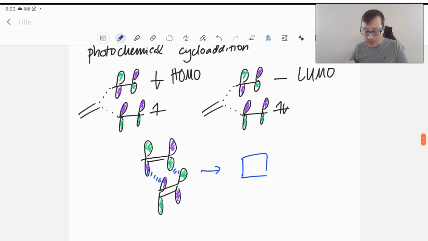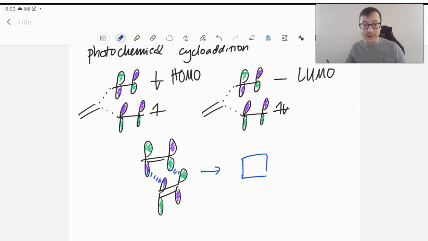And so by promoting an electron from the HOMO to a new HOMO, which is higher energy, by using UV light, we can get this reaction to be symmetry allowed by promoting an electron to a higher energy orbital.